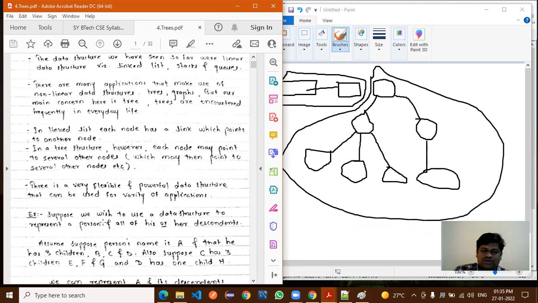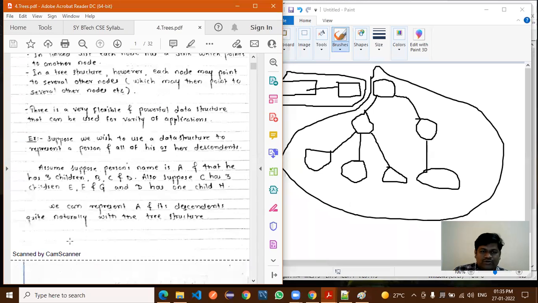Now suppose we wish to use a data structure to represent a person and all of his or her descendants. Now here we'll assume one.